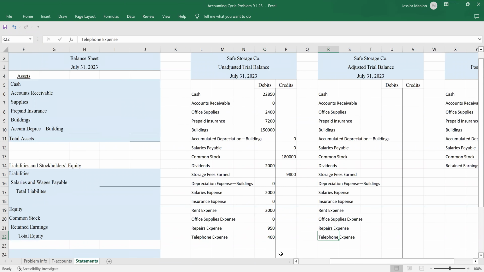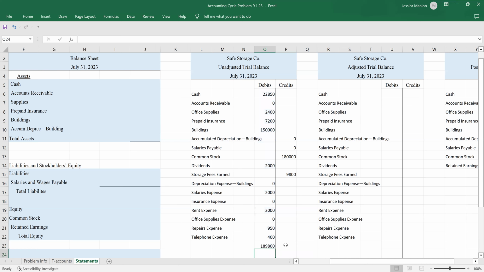Okay, so there is our unadjusted trial balance, right? We've got all of our accounts that have balances, whether it's a debit balance, it's put on the debit side, or a credit balance. So we just need to make sure debits equal credits. So equals the sum, and we're going to start here. We're going to drag it. We want to include all of these debits.